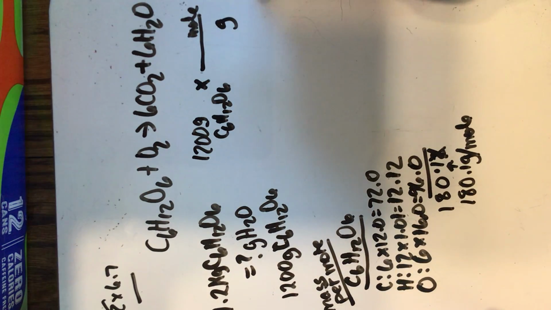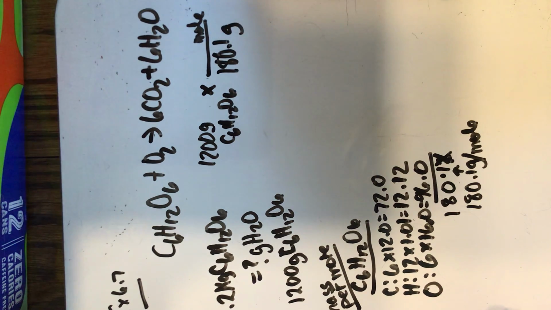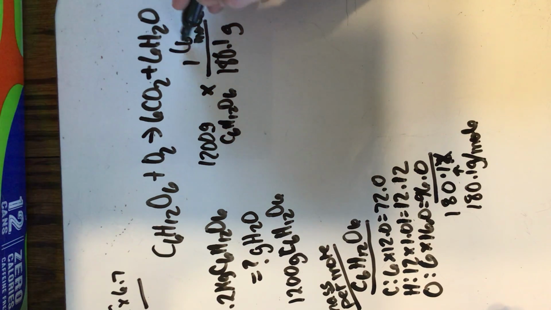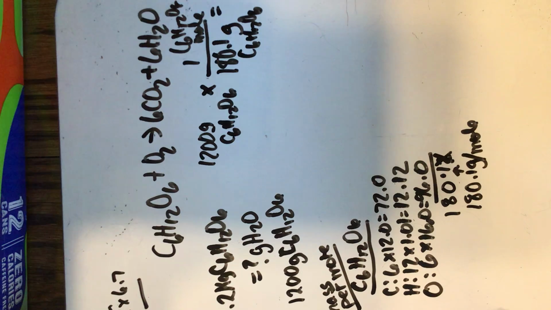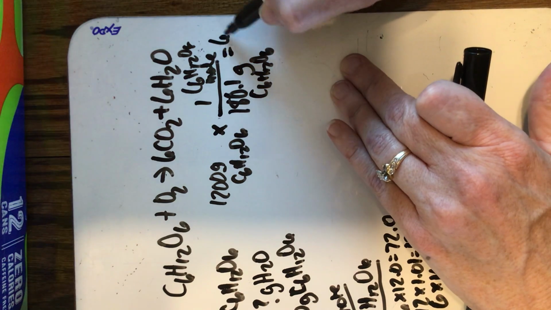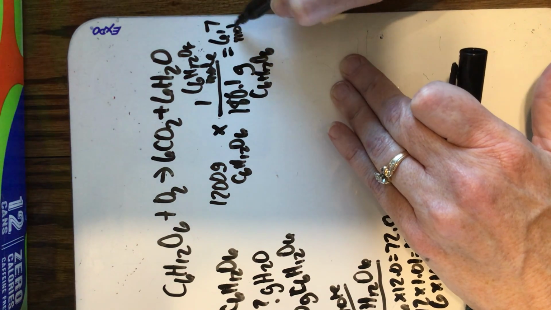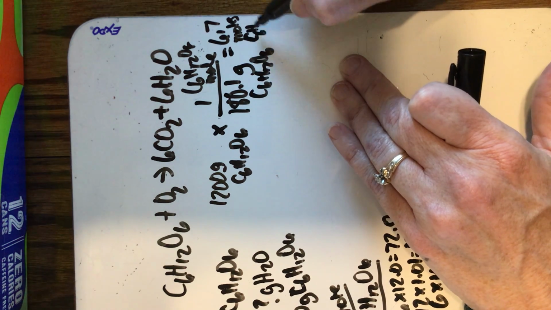So I can come over here and write that 180.1 on the bottom, with 1 mole of C6H12O6. When I multiply that out over here, I'm going to get 6.7 moles of C6H12O6.